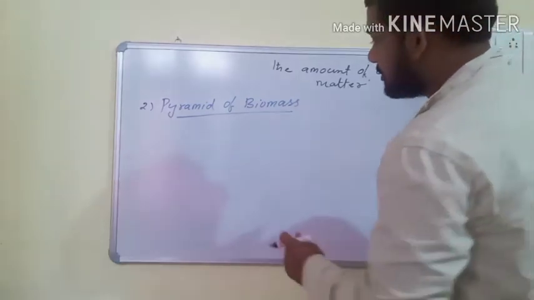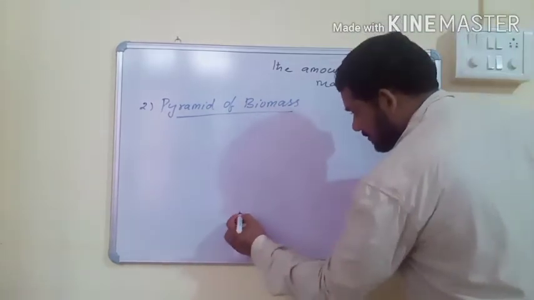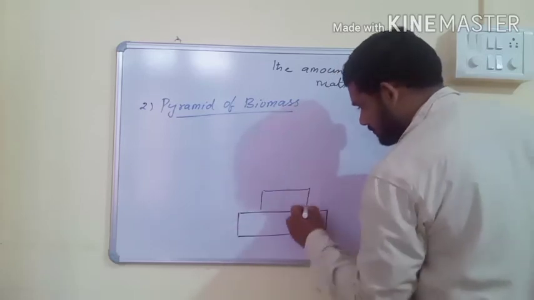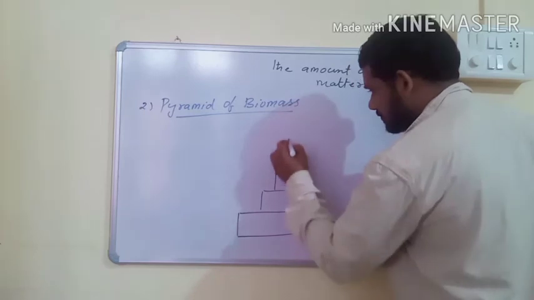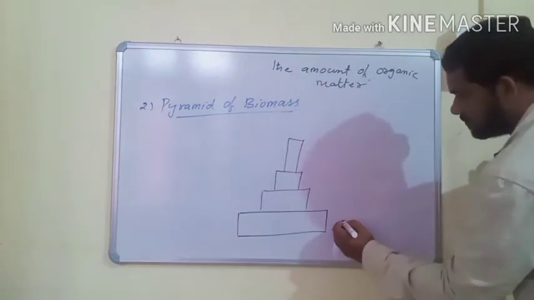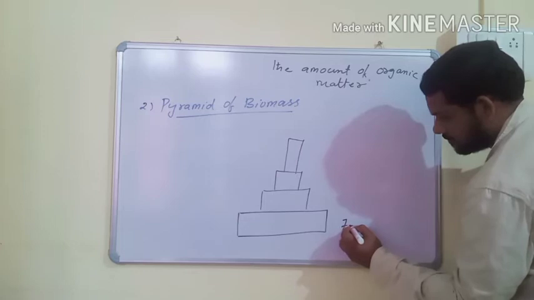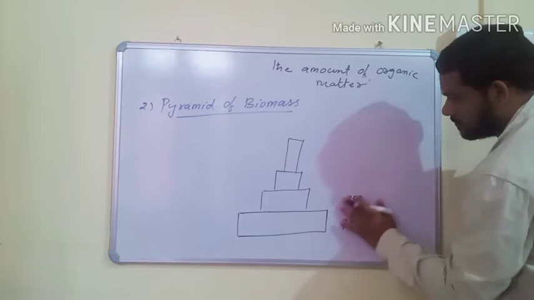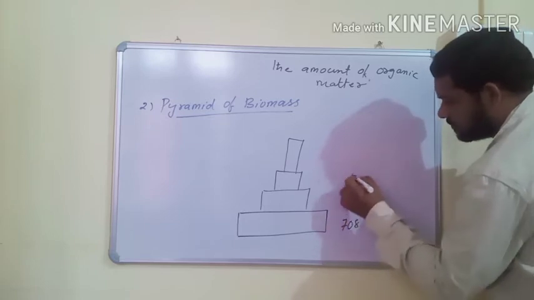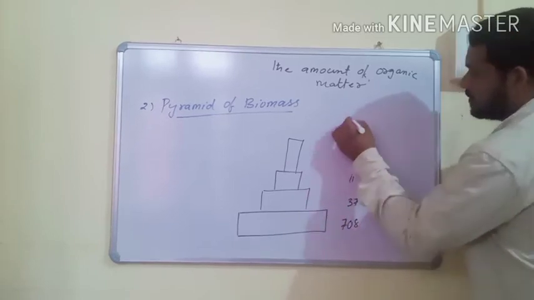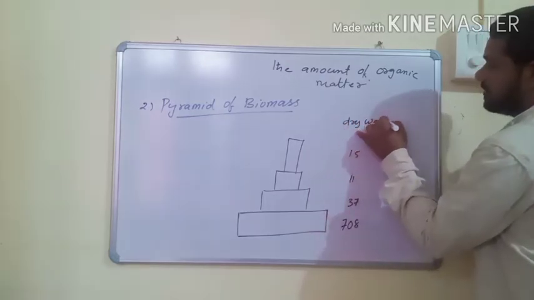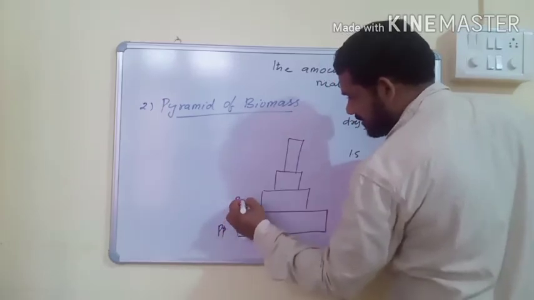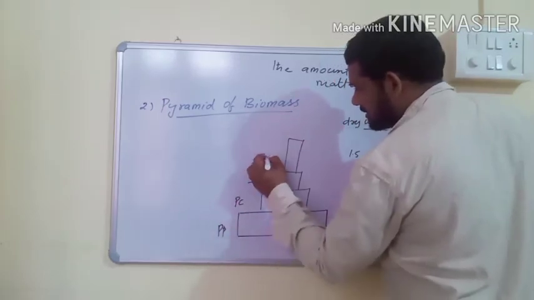And if you observe the pyramid of biomass in terrestrial ecosystems, biomass is usually taken in the form of dry weight, and they are primary producers, primary consumers, secondary consumers, and tertiary consumers.